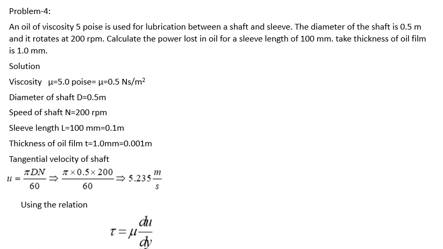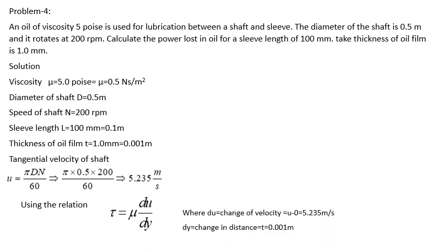So we know that the shear stress is equal to dynamic viscosity into the rate of shear strain, that is du by dy. We already studied these expressions during the theory part as well as while solving some numericals connected to viscosity. So now shear stress is equal to mu into du by dy, where du is the change of velocity.